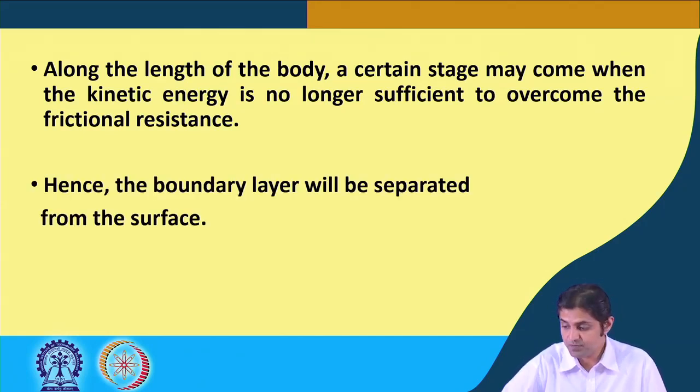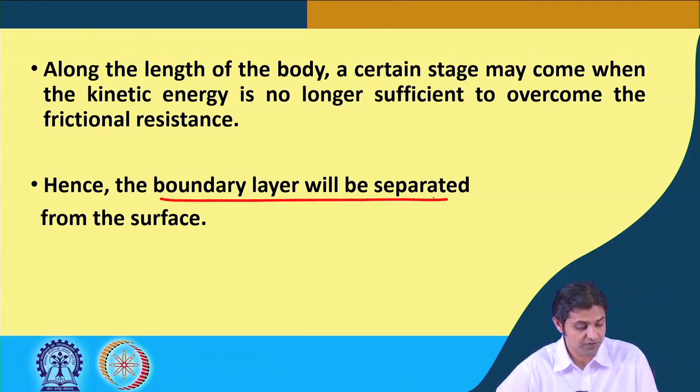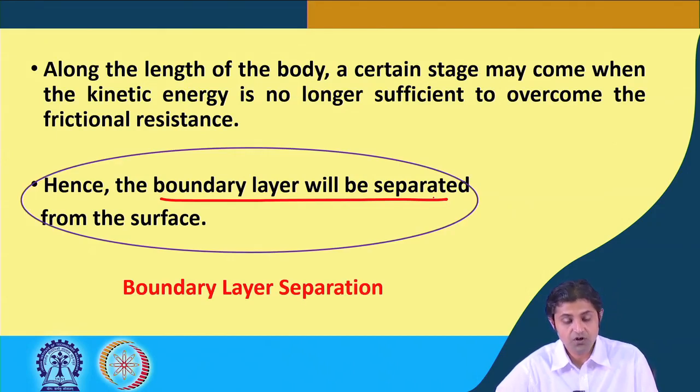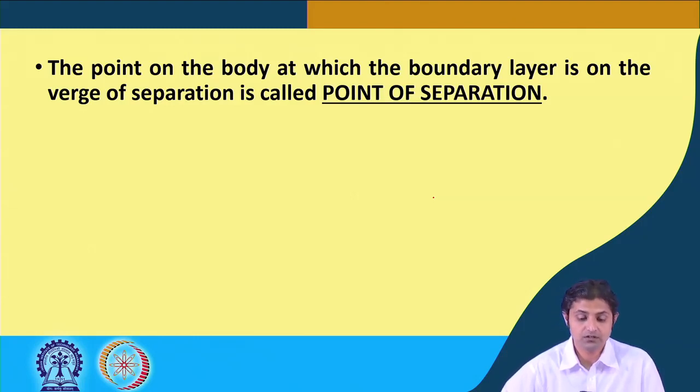In that case, the boundary layer will be separated from the surface, and this is called the boundary layer separation. The point on the body at which the boundary layer is on the verge of separation is called the point of separation.